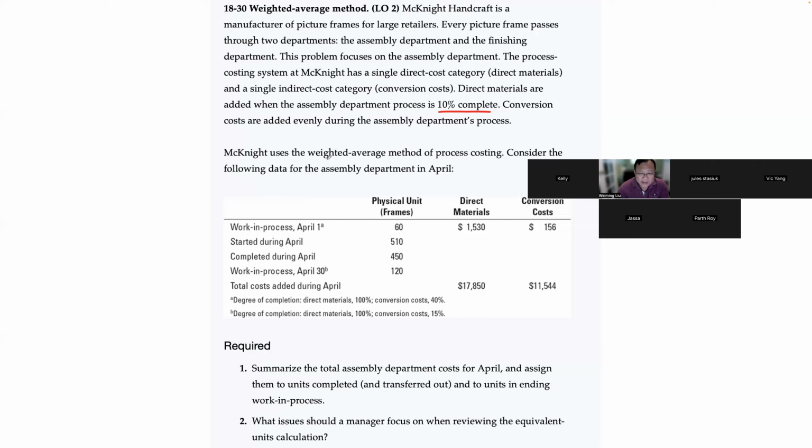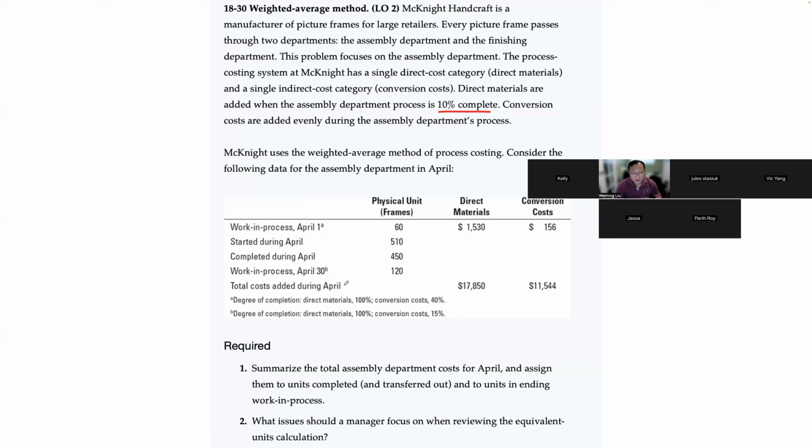Mike Knight uses the weighted average method of process costing. Consider the following data for the assembly department in April: work in process beginning, started, completed, work in process ending, total cost. And then we learn about the completion rate.